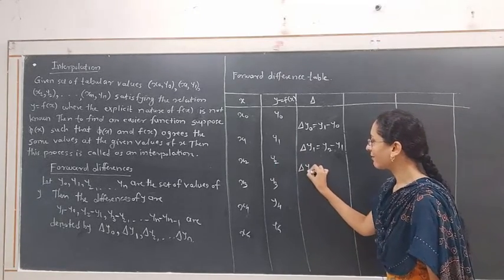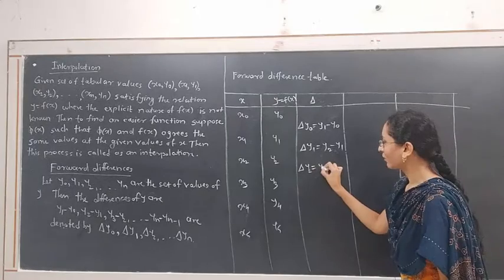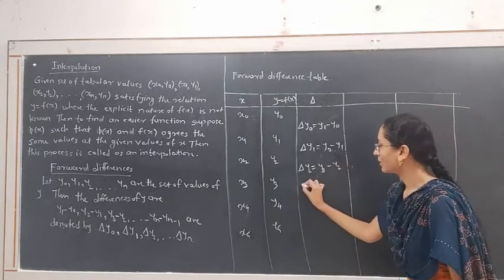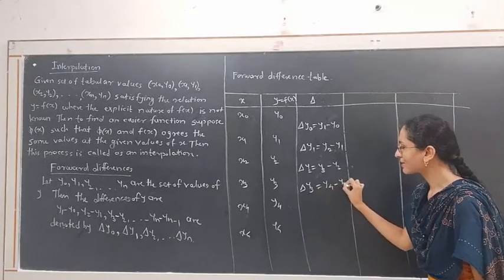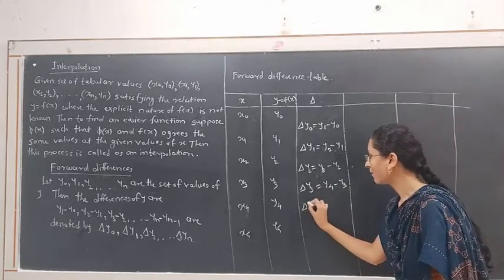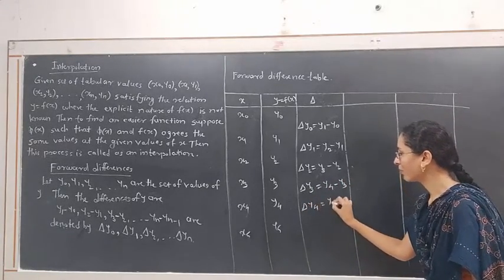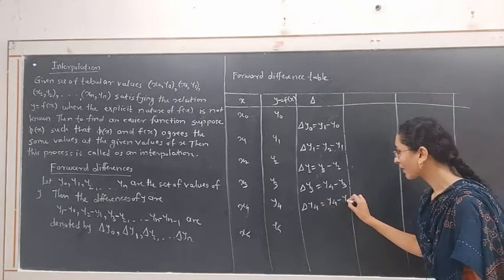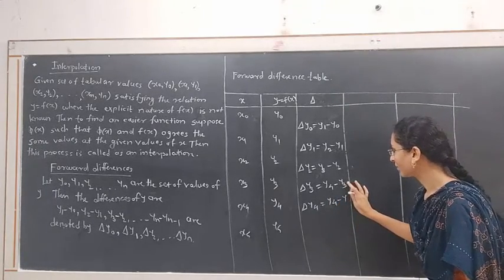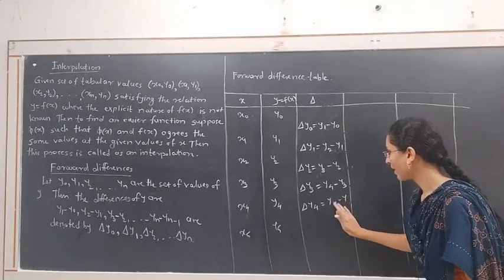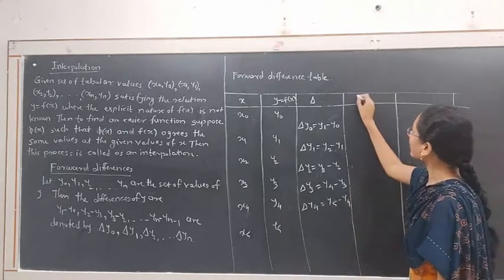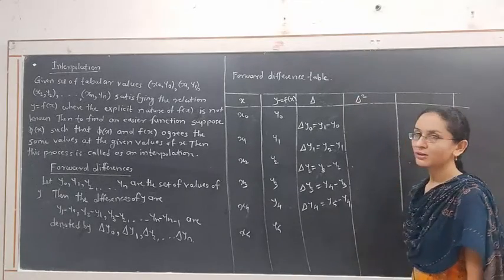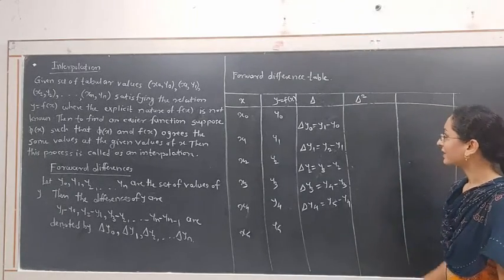Next we get del y2 which is equal to y3 minus y2, del y3 is equal to y4 minus y3, del y4 equal to y5 minus y4.